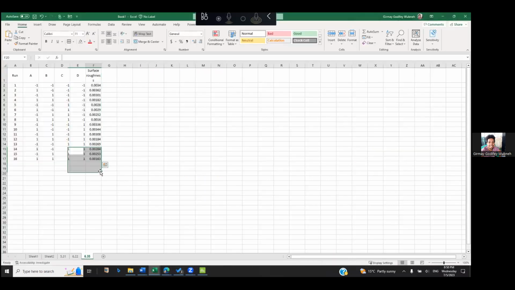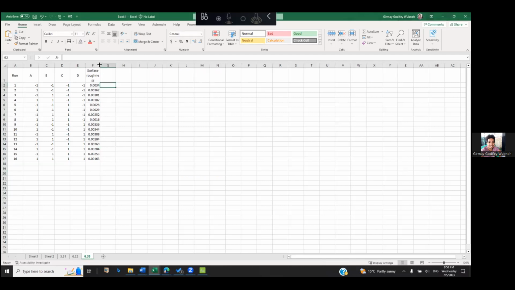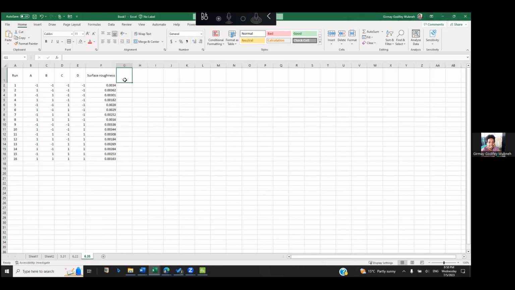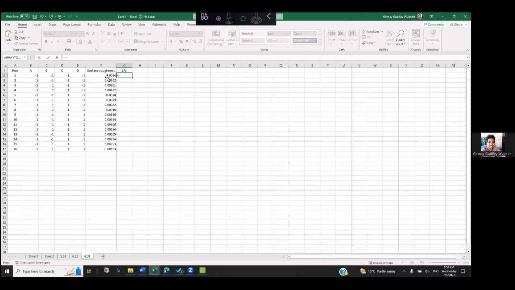Here Y is the response function, that's surface roughness. So 1 over surface roughness, or 1 over Y.